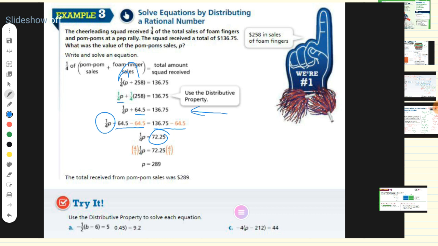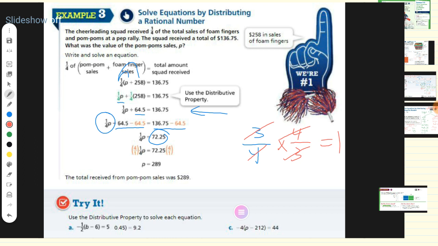Then take care about this part. I need 1 over 4, and the relation between 1 over 4 and b is multiplication. But I'll give you a little tip about fractions. If you want to remove any fraction, multiply it by its reciprocal. The meaning is, if I want to delete 3 over 4, I will multiply it by its flip, or reciprocal, 4 over 3. 3 with 3, 4 with 4 equal 1.